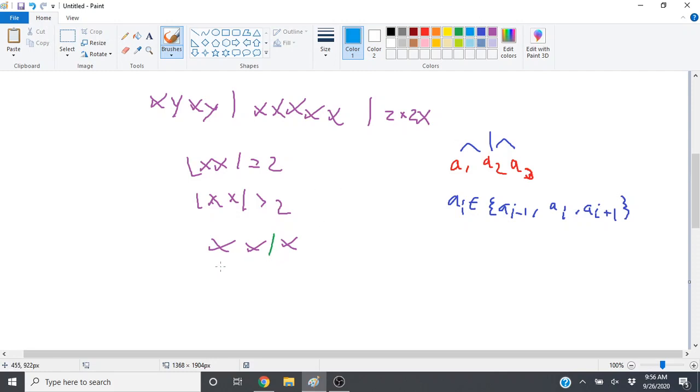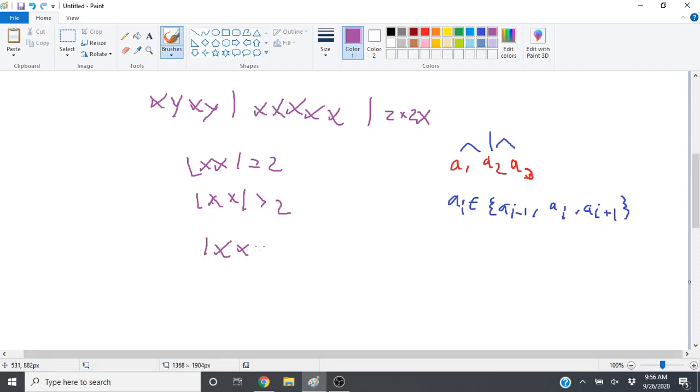If both of these are not x, then, well, actually there's a bit more annoying cases we have to do.